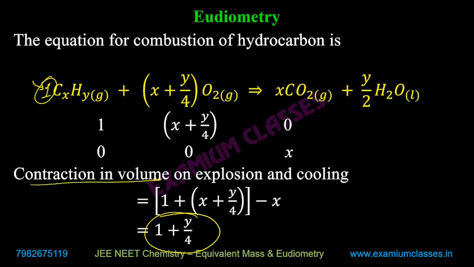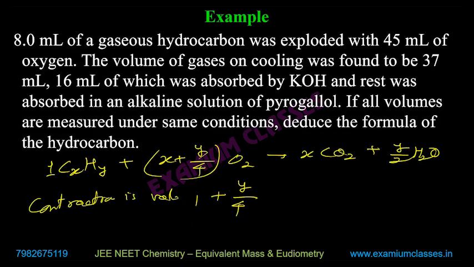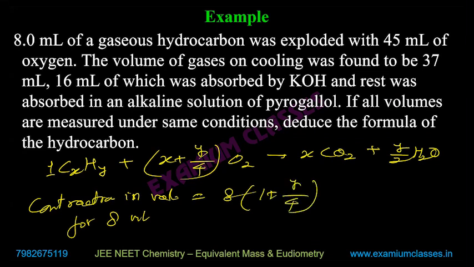For 8 milliliter, what will be the contraction in volume? It will be 8 times 1 plus y by 4. So contraction in volume for 8 milliliter of hydrocarbon will be equal to 8 times 1 plus y by 4. Am I clear or not?